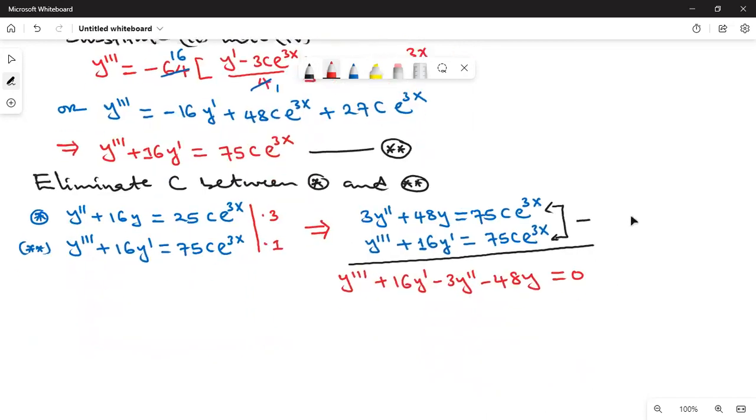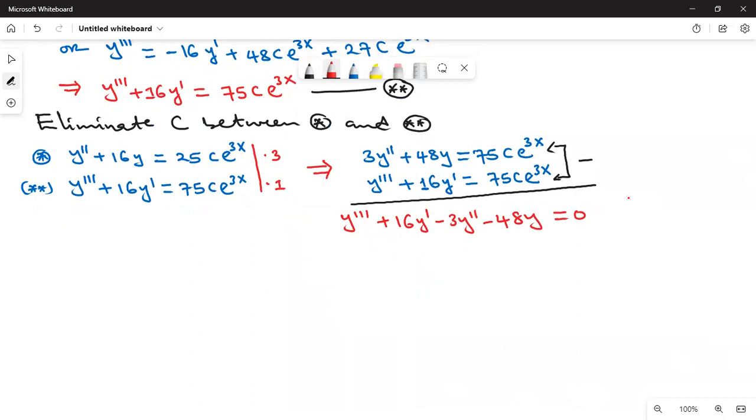Let me just rearrange it. Therefore, y third prime minus 3y double prime plus 16y prime minus 48y is equal to 0.